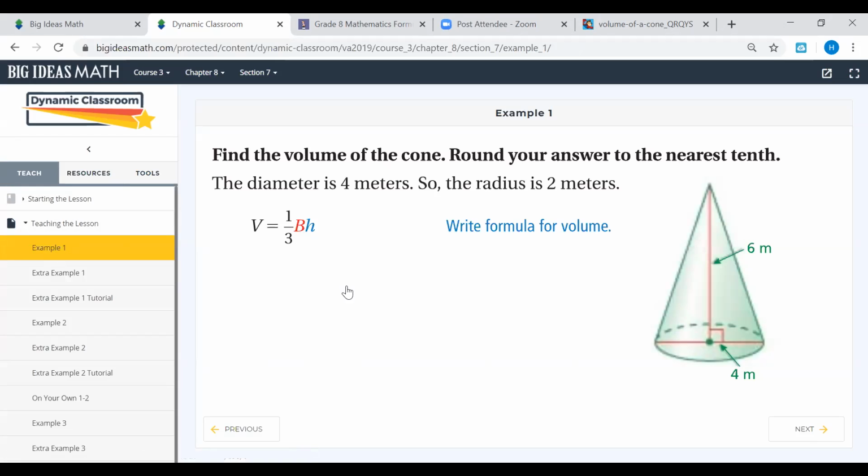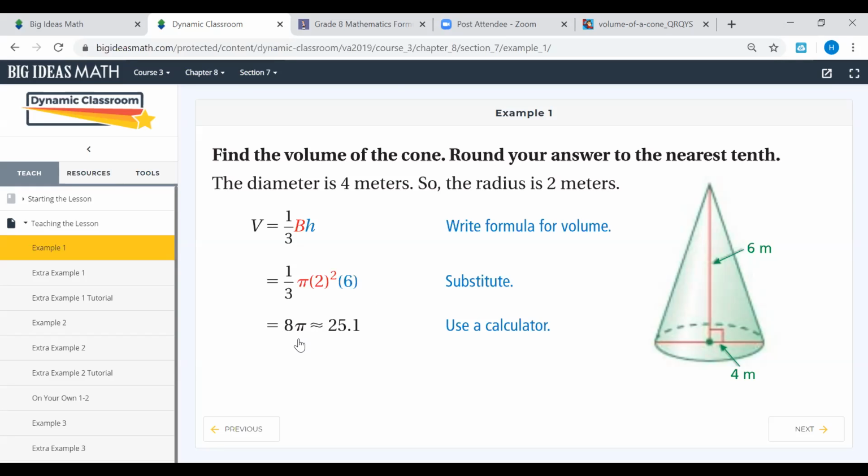Always write down your formula. We know that the formula for the base is pi r squared, so you would write 1/3 pi 2 squared for the radius, and then 6 for the height. In this example, they're solving this by multiplying pi at the end.